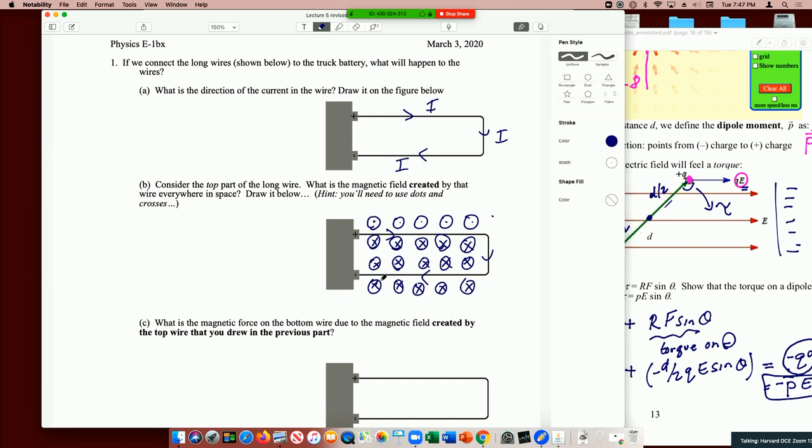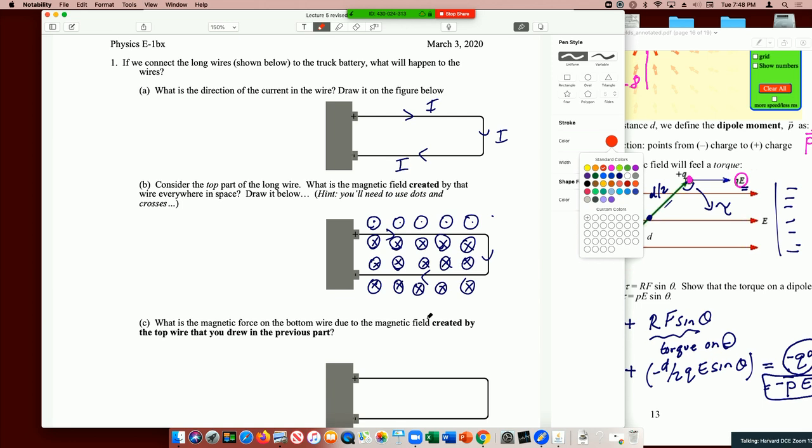Okay, so now the question is, what would be the magnetic force acting on the bottom wire due to the magnetic field created by the top wire? Okay, so what I want to know is, if I were to draw a magnetic force on this part of the wire, which direction would you expect it to act, up or down?